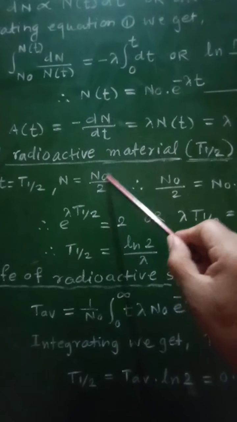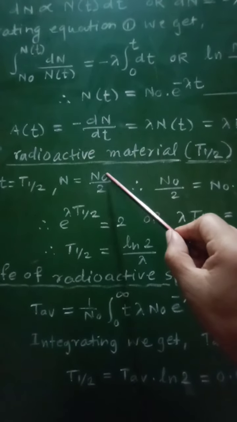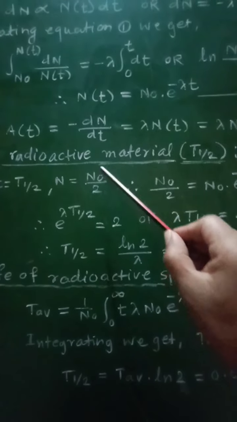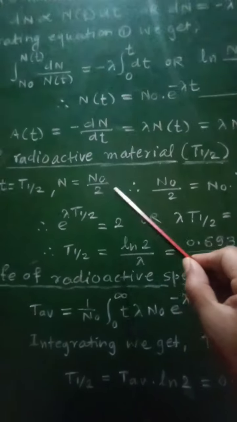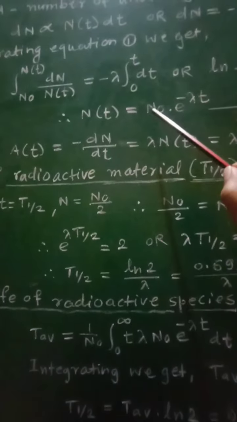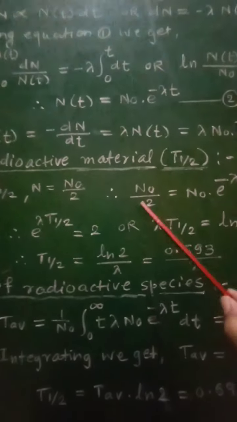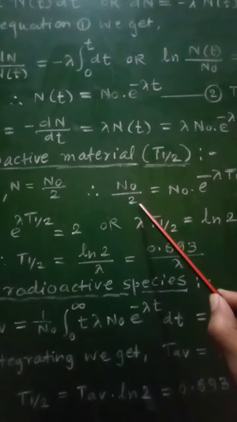So the original number of nuclei will be reduced to half of its value, and putting these two values in the equation of the decay law, n will be replaced by n0 by 2.